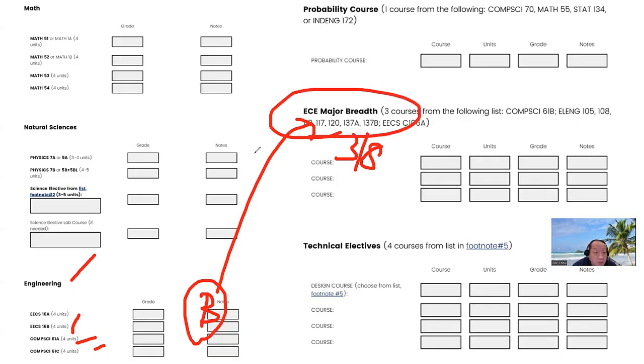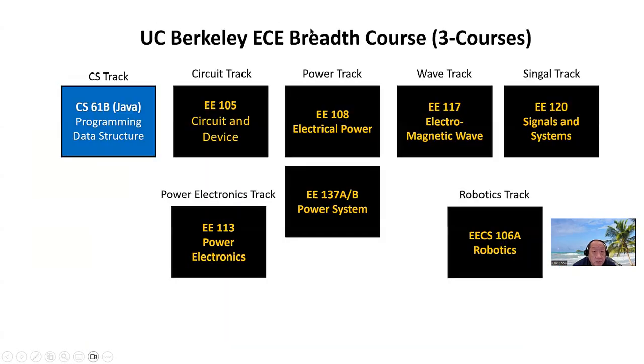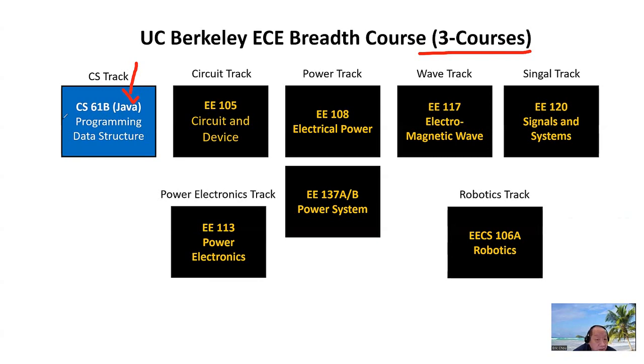Okay, let's talk about the 3 in 8 courses. The 3 in 8 requirement is that you take 3 courses from 8 different tracks. And 61B, originally a required course for EECS, now becomes a 3 in 8 course.